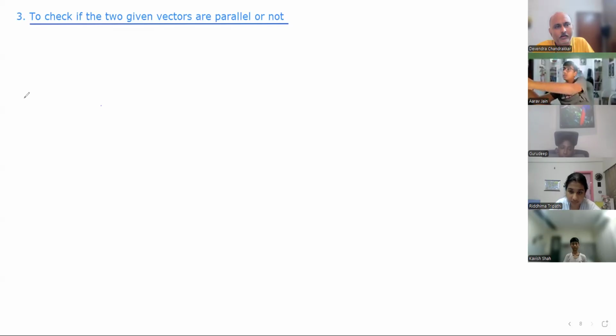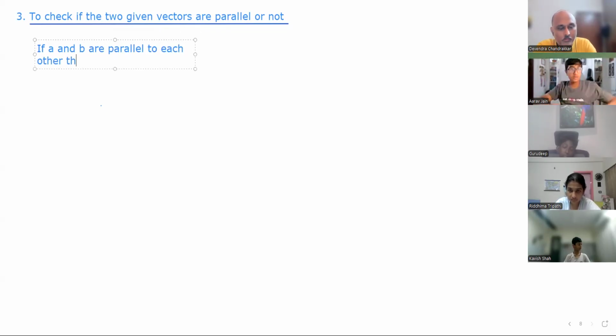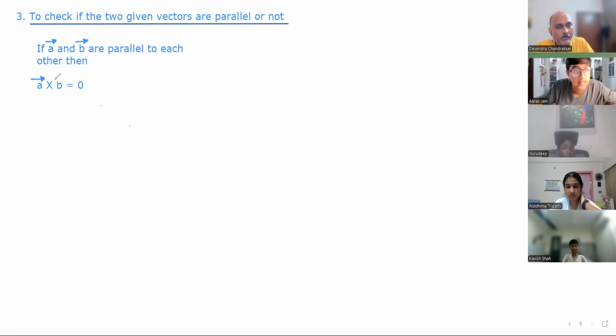So we have already written it in yesterday's session, but again I'll write it. If vector A and vector B are parallel to each other, then vector A cross vector B is equal to 0.